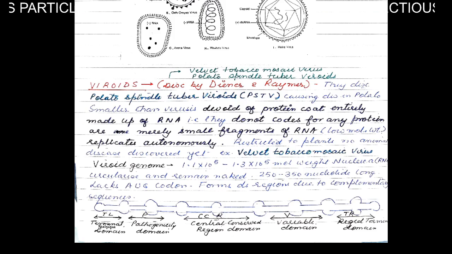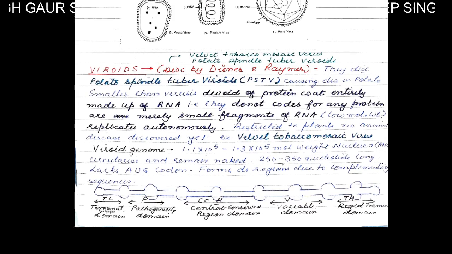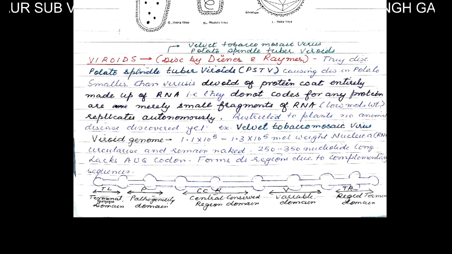They lack the initiation codon AUG, and due to complementary sequences present in the RNA strand, they tend to form double-stranded regions due to pairing up. You can see how it forms a double strand. The portion on the leftmost part is the terminal domain. Following the terminal domain is the pathogenicity domain, and after the pathogenicity domain you can see in the slide that it has a central conserved region.